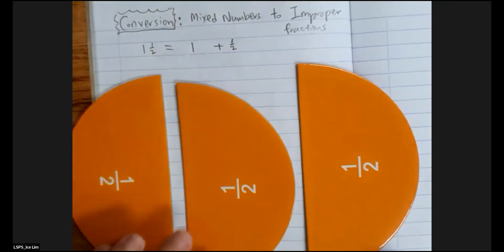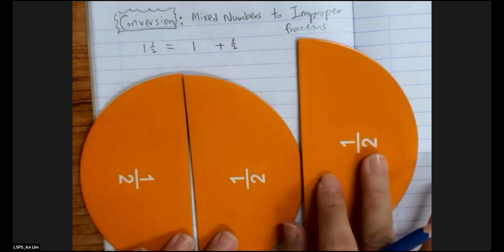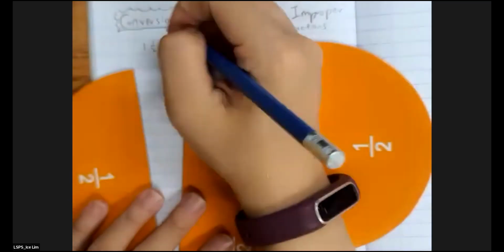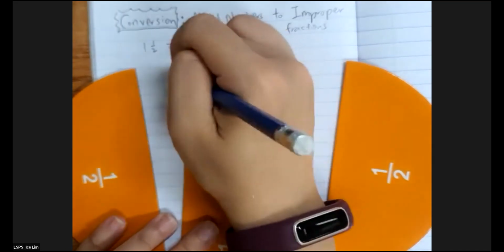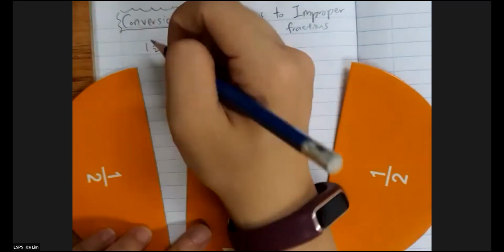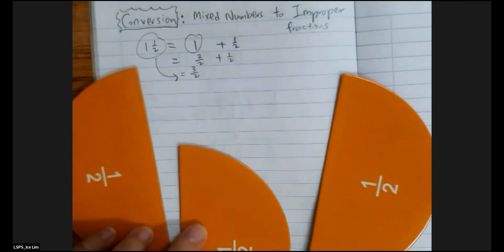So one whole is like this. Agree? And then I have one more. So this one whole will become 2 halves plus another 1 half. I will actually get 3 halves. So 1 1/2 is equal to the improper fraction 3/2.